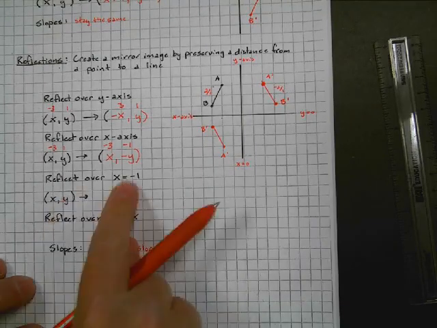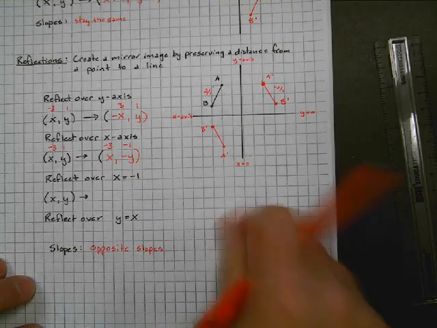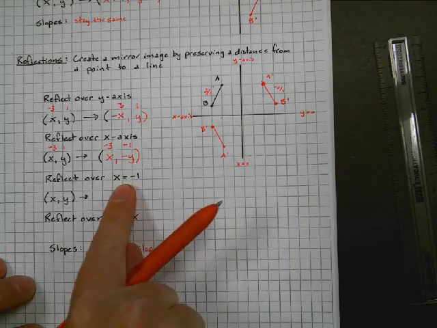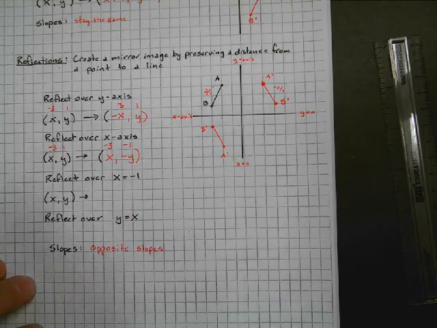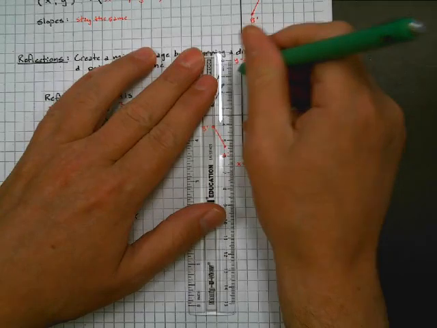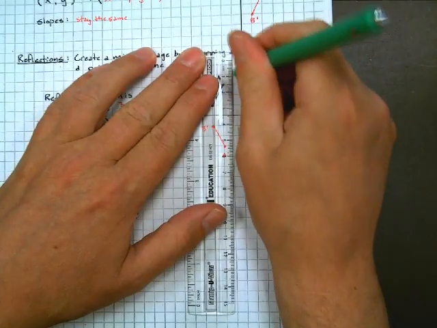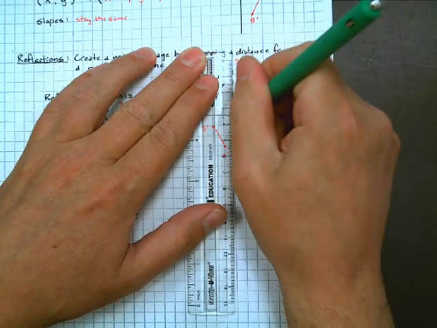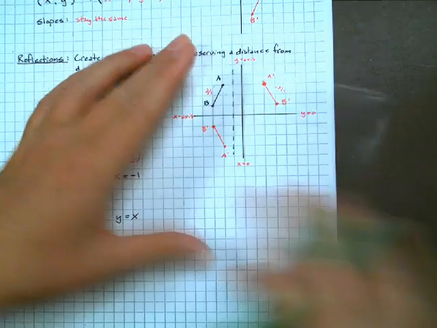All right, what about reflecting something other than the x or the y-axis? Let's say, for instance, we want to reflect over x equals negative 1. Now, x equals negative 1 would be a vertical line going through negative 1 on the x-axis. So let's say that we wanted to reflect over this line here.